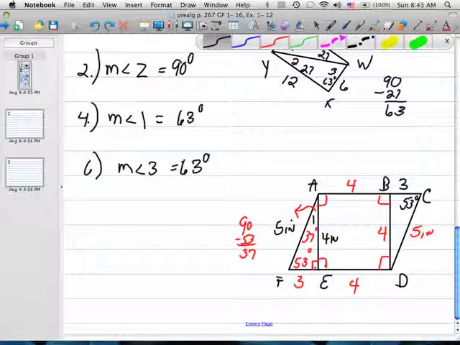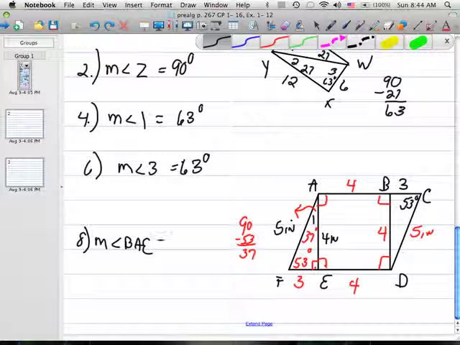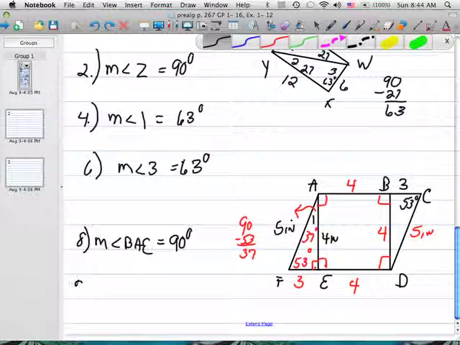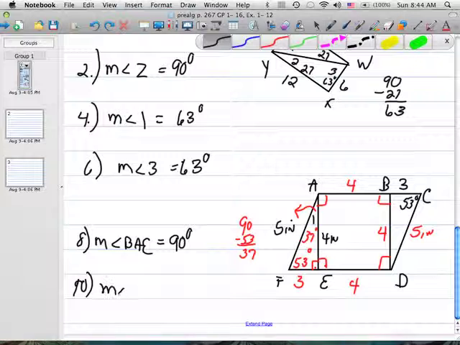We have all the answers to the evens and the odds, so we're on number 8. The measure of angle BAE. BAE is 90 degrees. It's one of the angles of the square. Number 10, the measure of angle F. Angle F was 53 degrees.